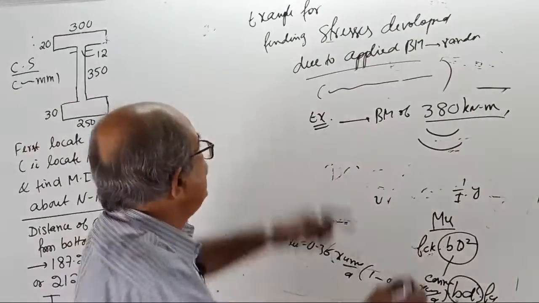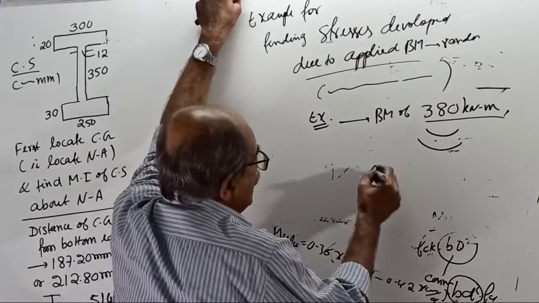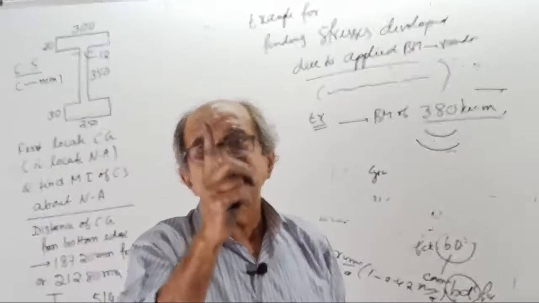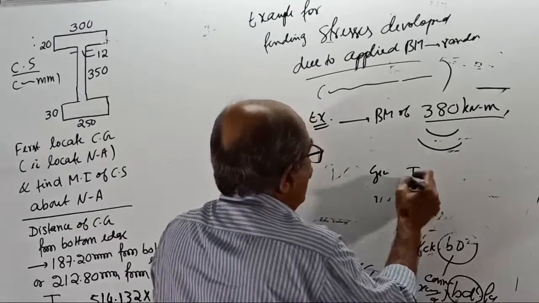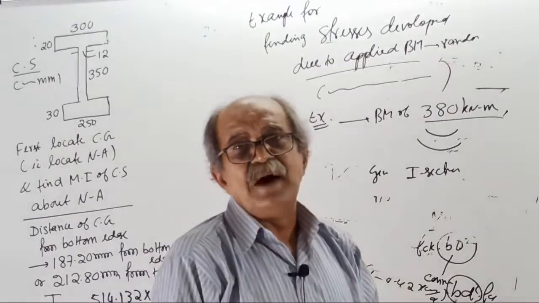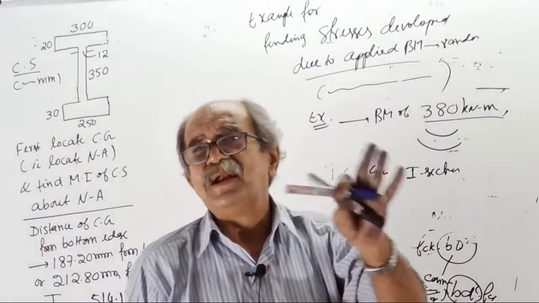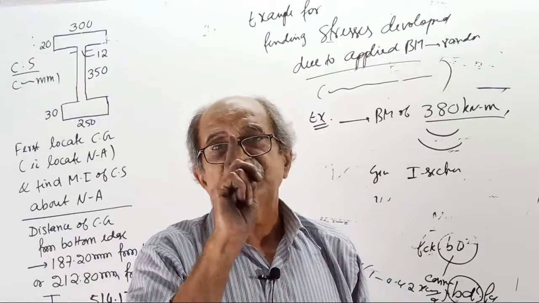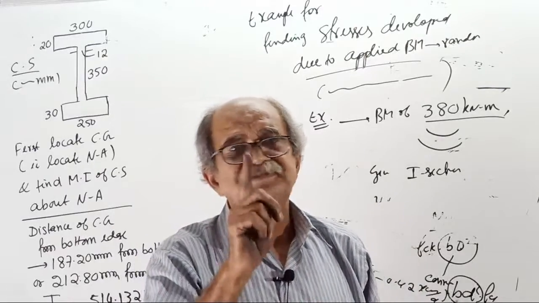Then, further in the question, the beam has an I section. Why? Because my first example is an unsymmetrical I section, where you have to struggle with the moment of resistance. A lot of concepts are there.